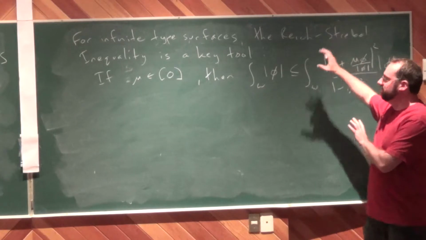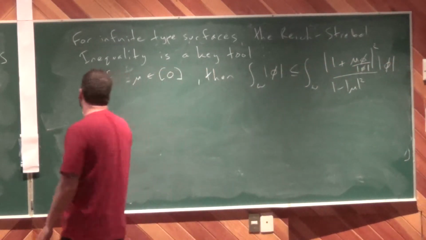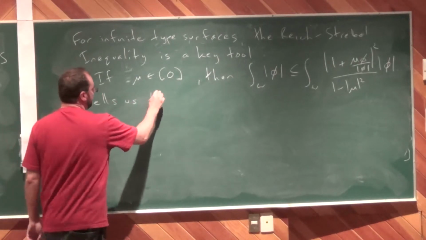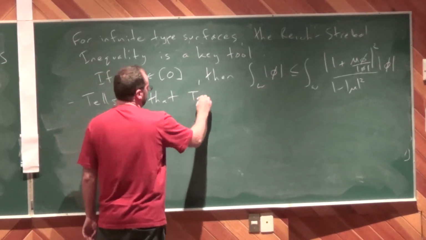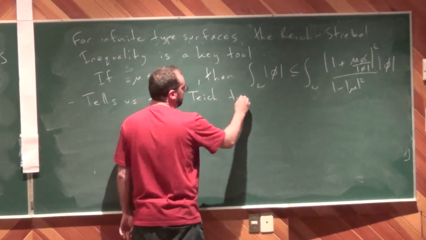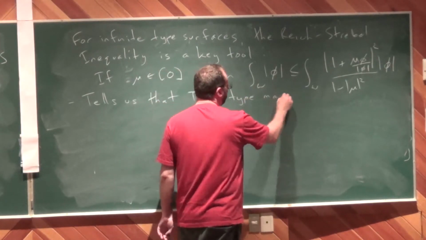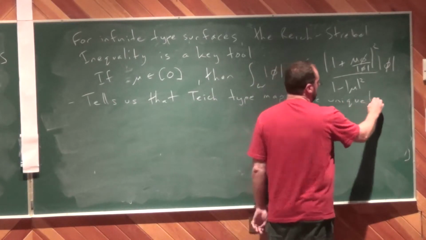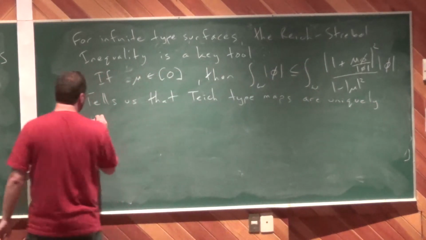So an application of the Strebel inequality tells us that Teichmüller type maps are uniquely extremal when we have them.